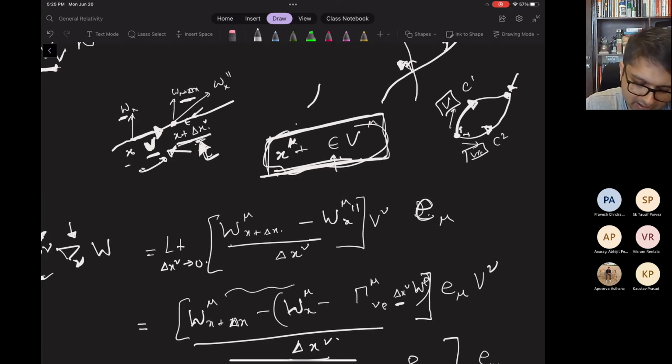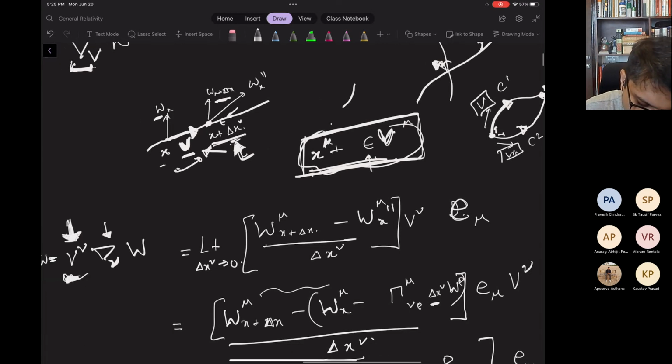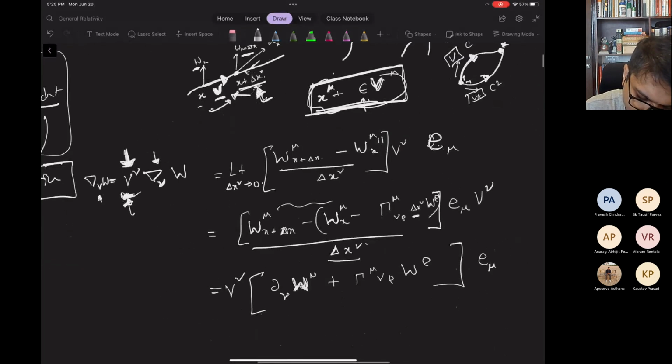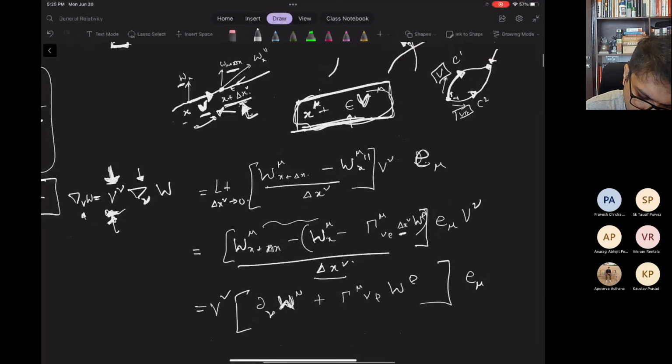But the slightly strange thing is that, yeah, it's the linearity of V in the components of V that is really the key point here. Okay, maybe you guys can also think about this.